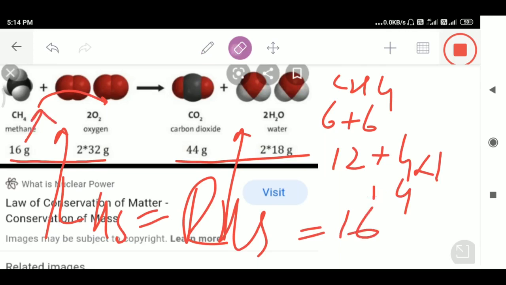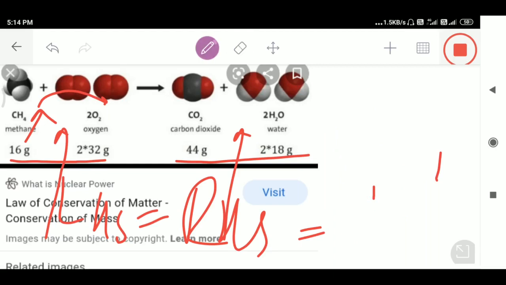Now let's come to the oxygen. This is 2 times oxygen. Oxygen has atomic number 8, that is 8 neutrons plus 8 protons, that's 16.